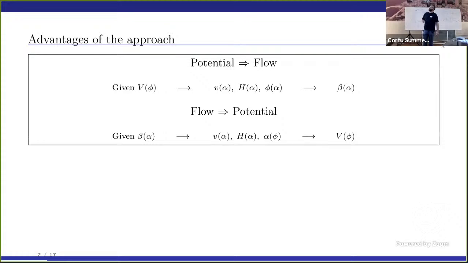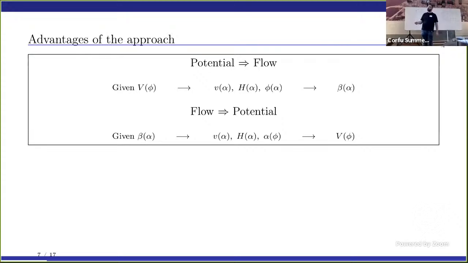Okay, so what is the advantage of treating inflation with this formalism? We will see now. The first thing you might think is that, okay, now you introduce this beta as an analog of a quantum field theory object, and you might be curious to know, when you have a potential for your inflation, what is the beta function associated to this potential.